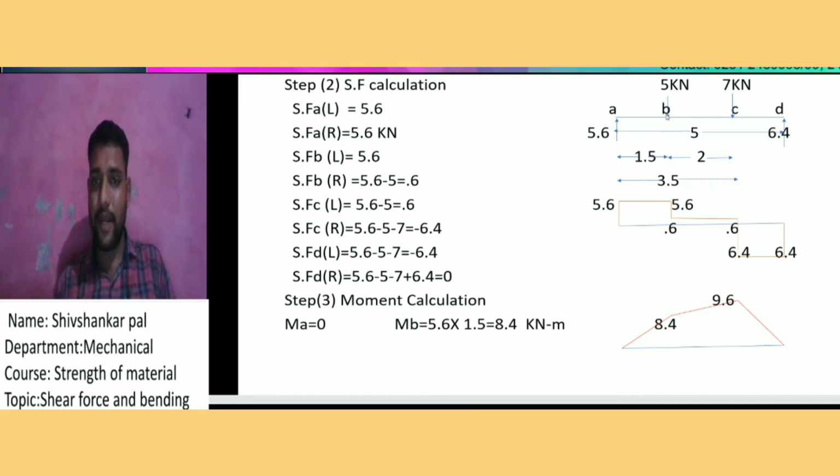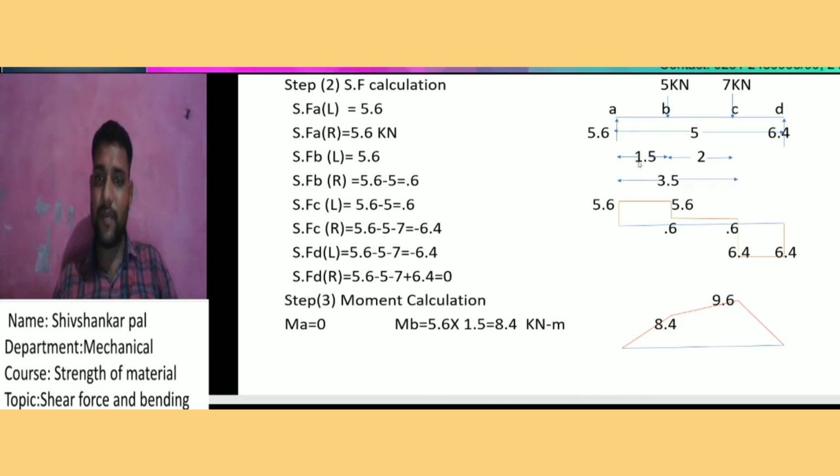When I am at point B, I see only the 5.6 kN force causing a moment at point B. Force into perpendicular distance is the moment. The 5.6 kN load gives a moment in the clockwise direction of rotation, so it is positive.